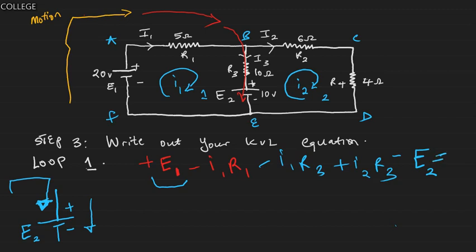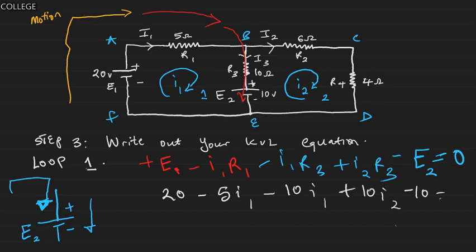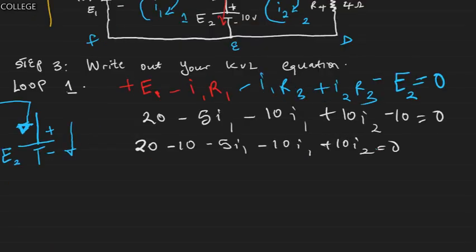And from KVL, the algebraic sum of all the voltages equals 0. Substituting values, we have E1 to be 20 minus 5 I1 minus 10 I1 plus 10 I2 minus 10 equals 0. Simplifying this further, we have 10 minus 15 I1 plus 10 I2 equals 0.